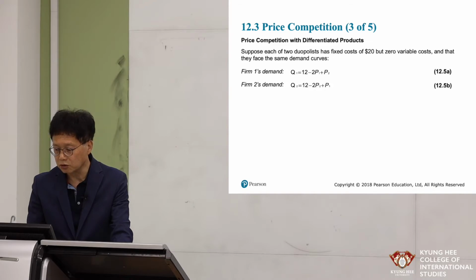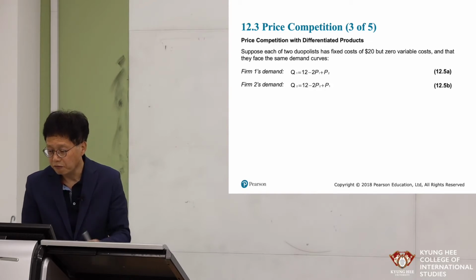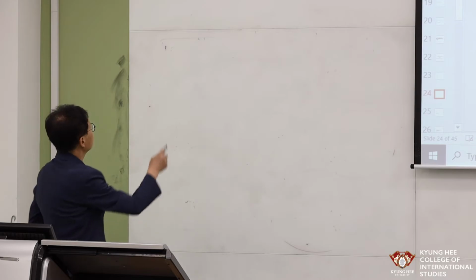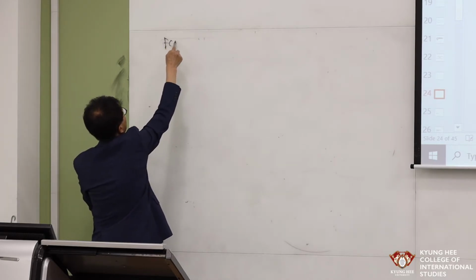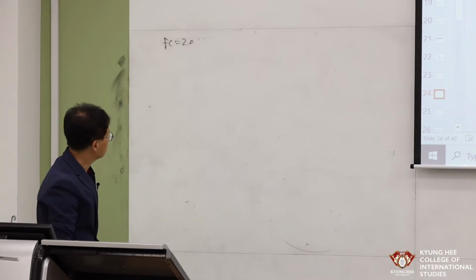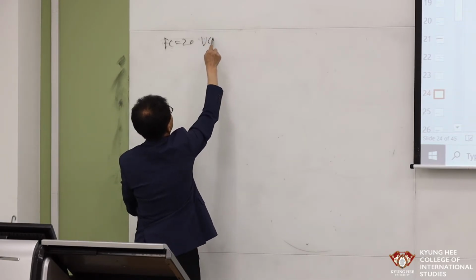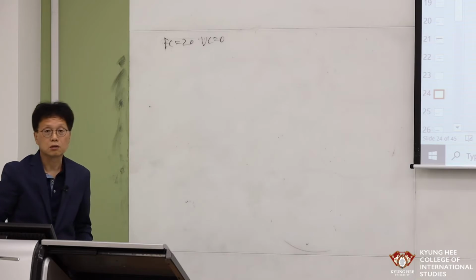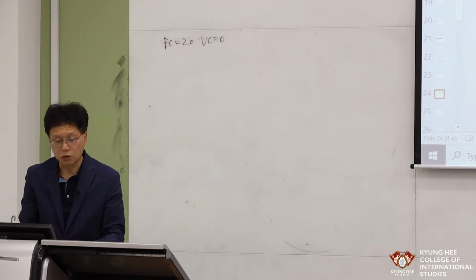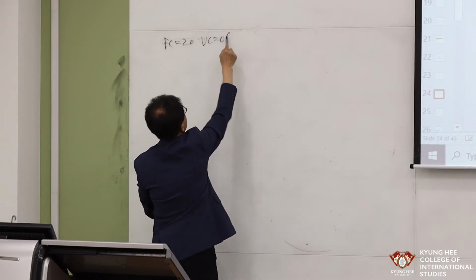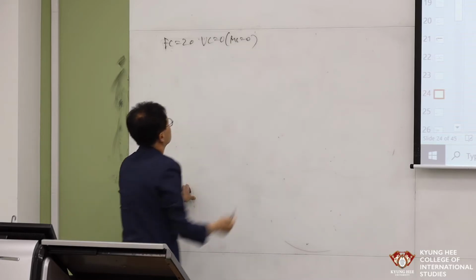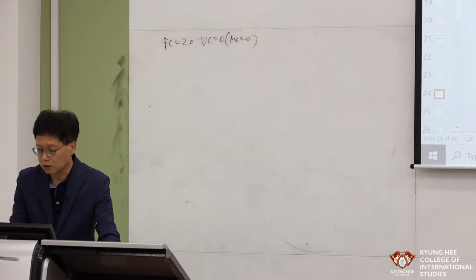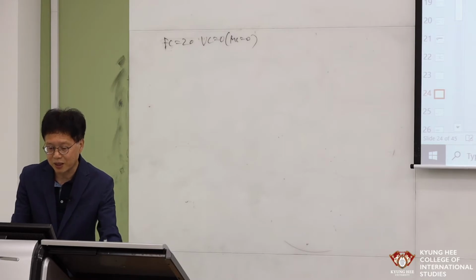Suppose each of two duopolists has a fixed cost of $20, but zero variable cost. Variable cost is equal to 0. Then marginal cost is also equal to 0, isn't it? No variable cost. And they face the same kind of demand curve.